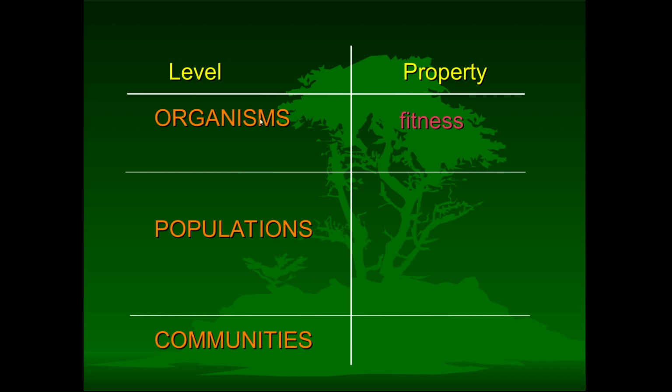Once you have the organism level of organization, then suddenly you have a property, an emergent property called fitness. And population ecology looks for relationships or connections, interactions between fitness, an emergent property of organisms, and emergent properties of populations, such as density, dispersion, and growth rate.